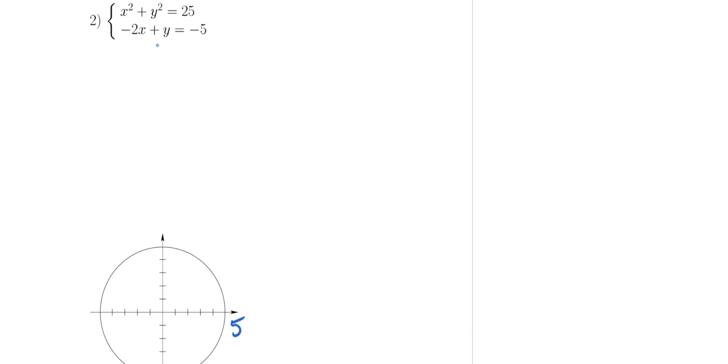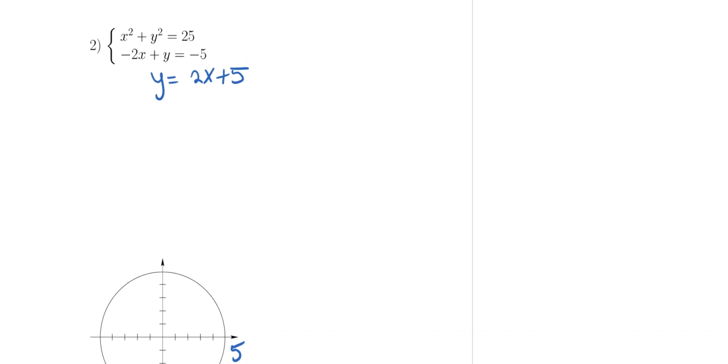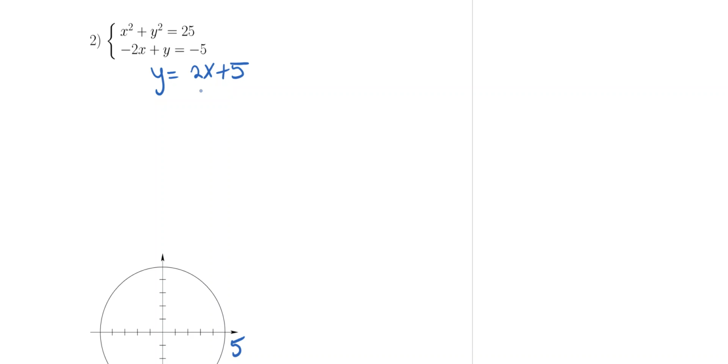So let's solve for y in the line. I would have that y equals 2x plus 5. And let's do this one by substitution. So instead of y in the first equation, I'm going to put 2x plus 5. This will give me x squared plus 2x plus 5 squared equals 25.